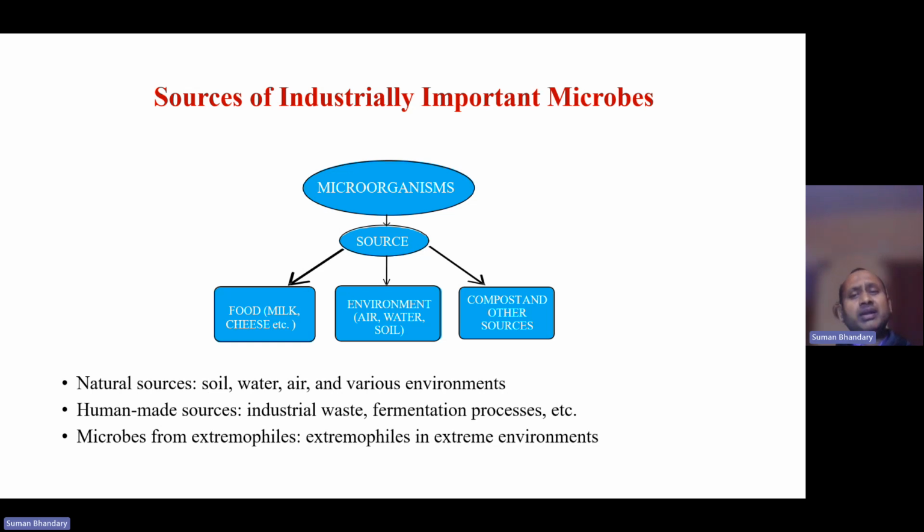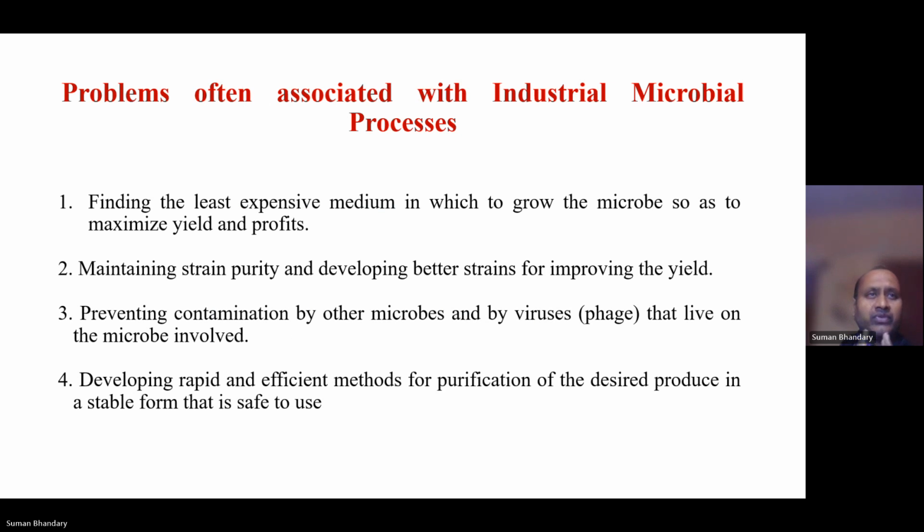The first problem is finding the least expensive medium in which to grow the microorganisms so as to maximize yield and profits. In most cases, this is a waste product, and this waste product is coming from another industrial process. Only then could the culture medium be cost effective.